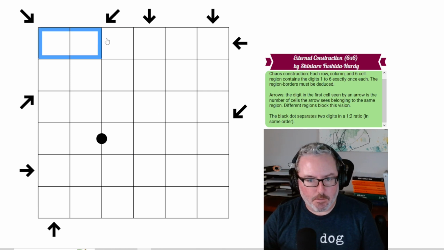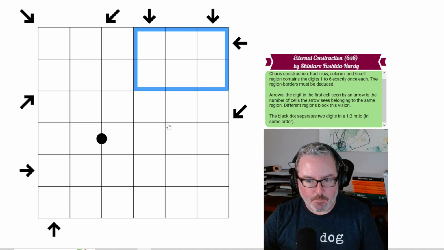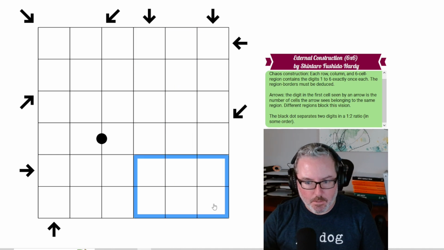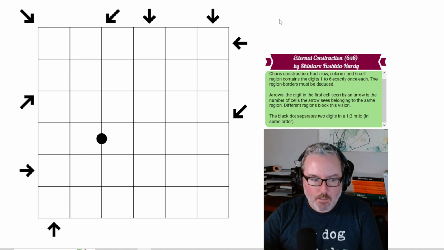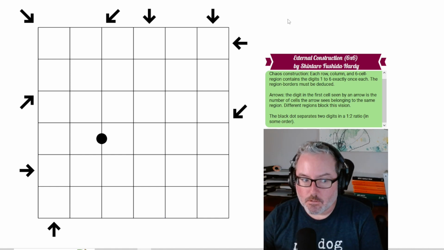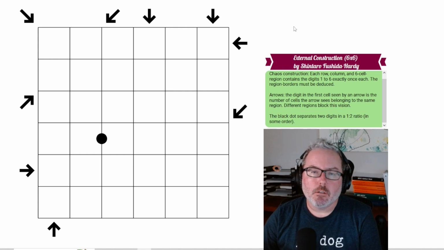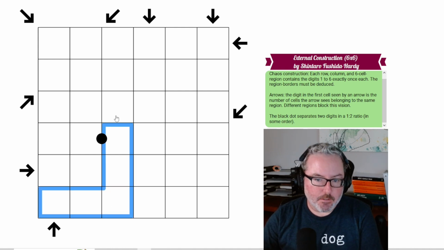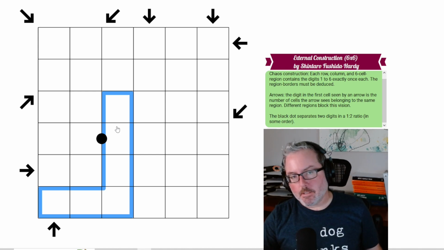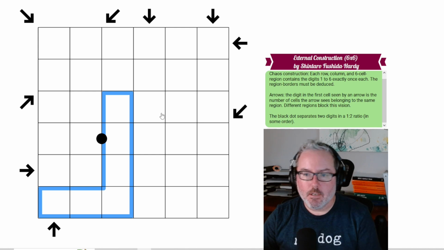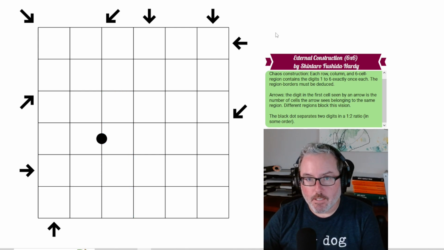Usually on a 6x6, you'd have these be the regions, but in this case it's highly unlikely that that would be the actual solution. So to figure out how to divide this up into 6 sections of 6 cells, we have to use the further rules that are provided to us.